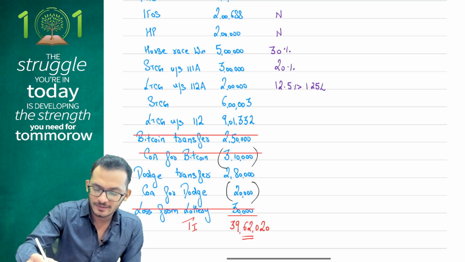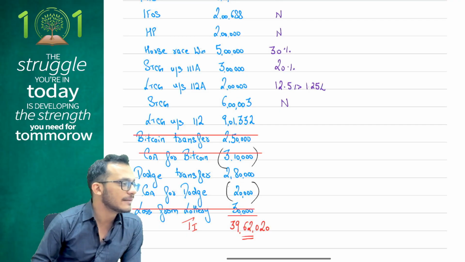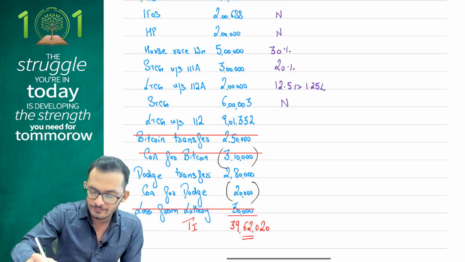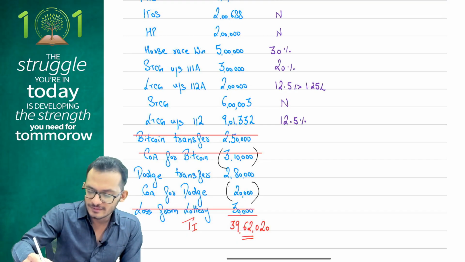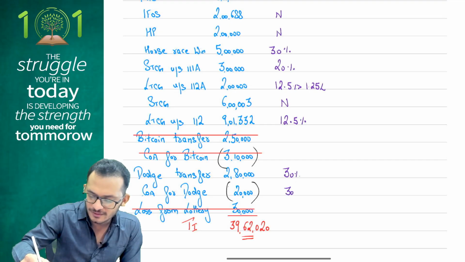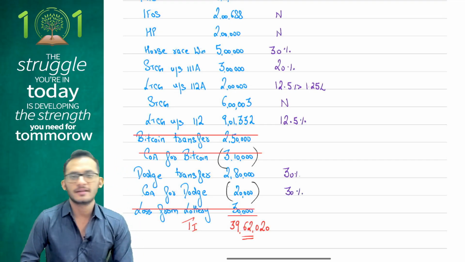Next, very good, STCG, nothing given, is normal. Next, 12.5. This is 30, this one is also 30. Yes, set off after set off, the answer will be 30.